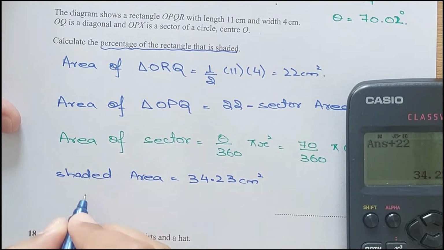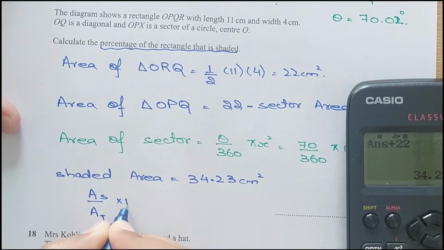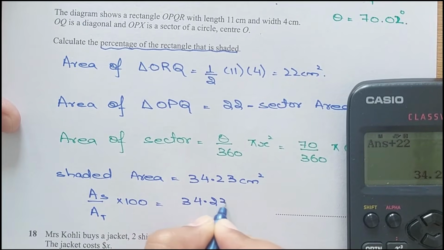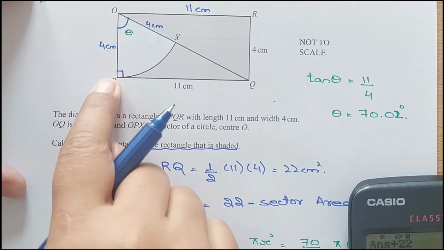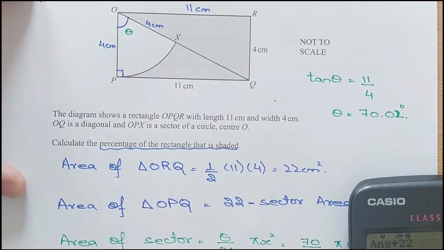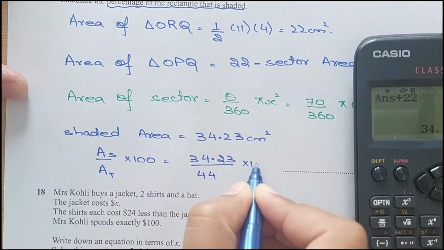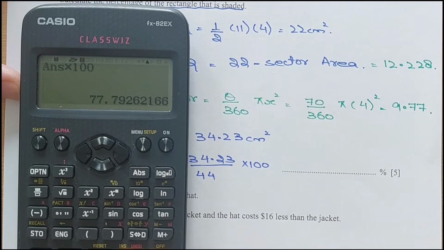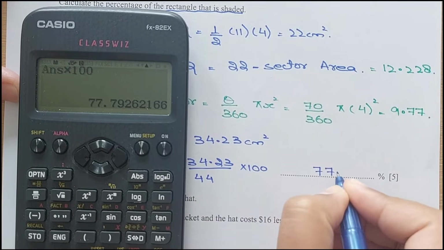The shaded area is 34.23 divided by the total area. What is the total area? The rectangle area is length times width, 11 times 4 is 44, and multiply by 100. So divided by 44 and multiplied by 100, that is 77.79, or we can say 77.8% is shaded.